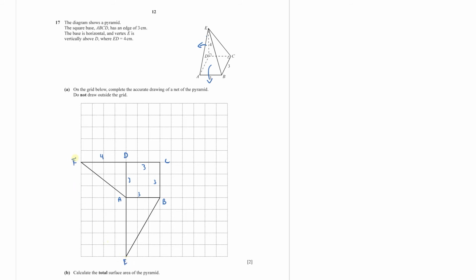So do not confuse yourself why there are multiple E points, because once you make the pyramid, once you make the fold here and fold these triangles up, they will all come and join together at this top point E. So once you open the net here, that's why you are getting multiple E's here.